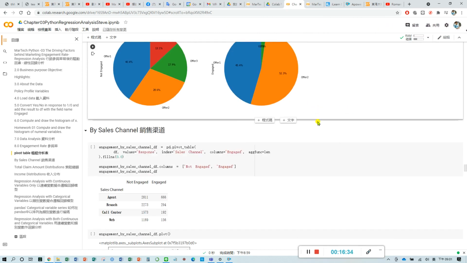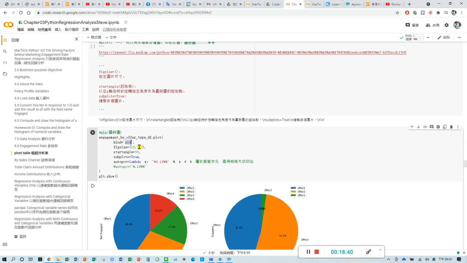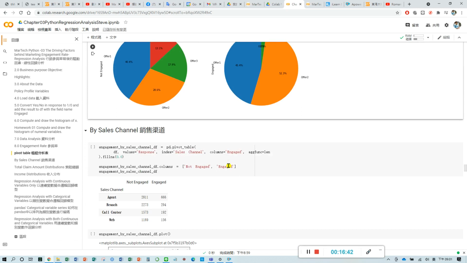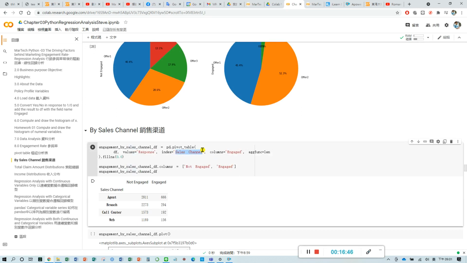Right now we have to change the renew offer type to sales channel. What kind of channel did you use to renew your insurance, by car agent or by the internet?